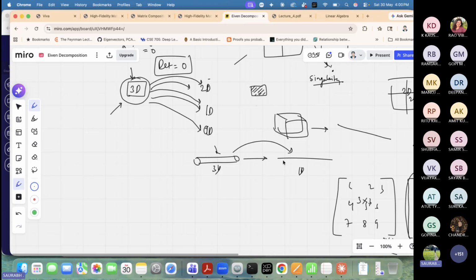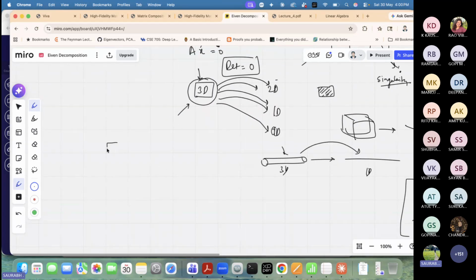When can that happen? Let's say, for example, you have a 3 cross 3 matrix like this: 3, 6, 9, 9, 18, 27, 4, 1, 5. In this particular case, obviously the first and second rows are dependent, because the second row is nothing but thrice the first row, right?